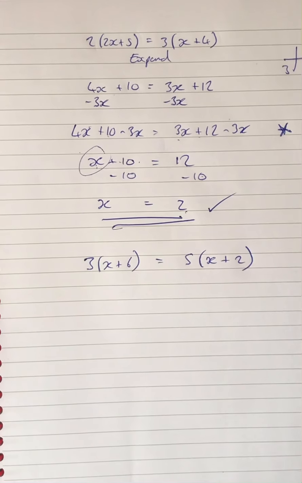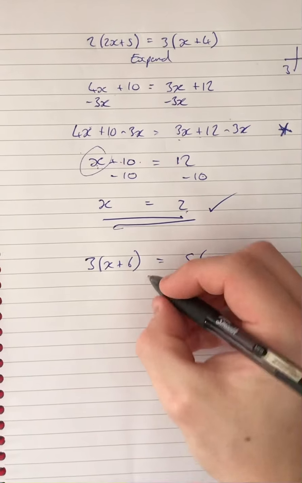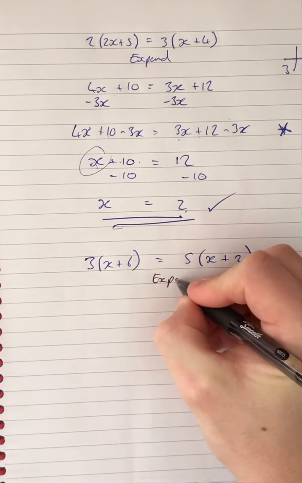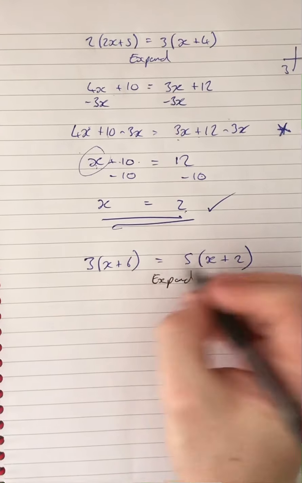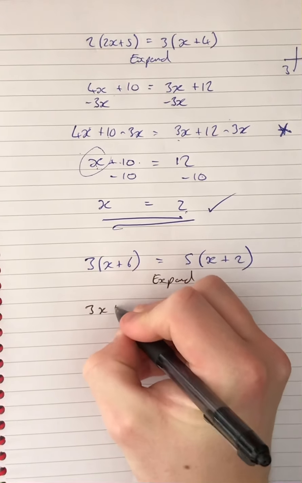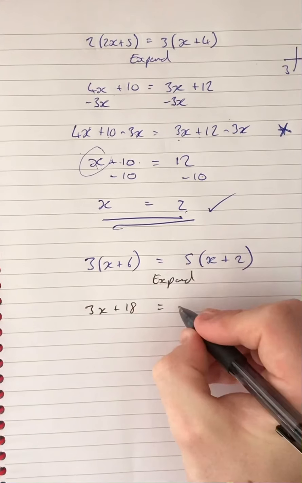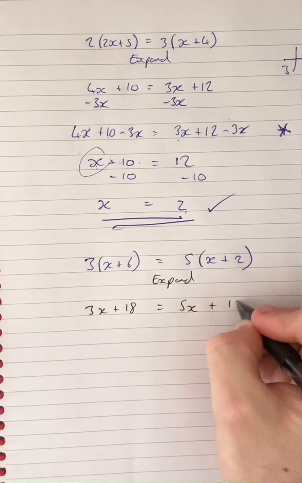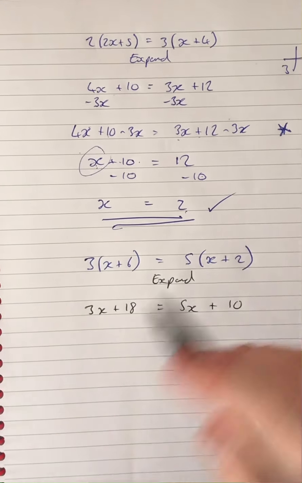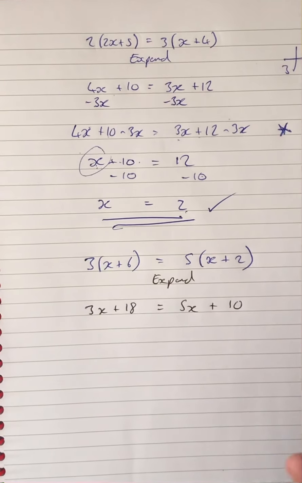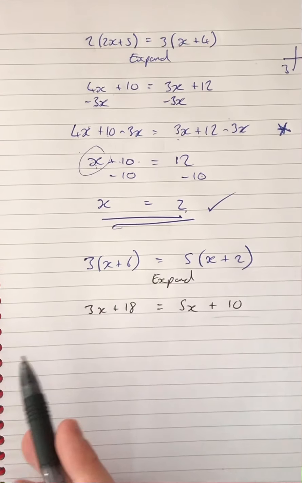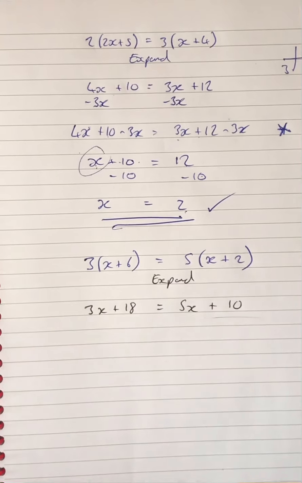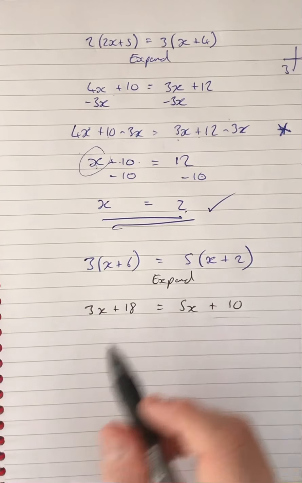Okay guys, hopefully you've paused the video and had a go at this. So I'm going to expand both brackets. Again, if you've chosen to use the grid method to do that, that's absolutely fine. And now we've just got an equation with variables on both sides to solve.